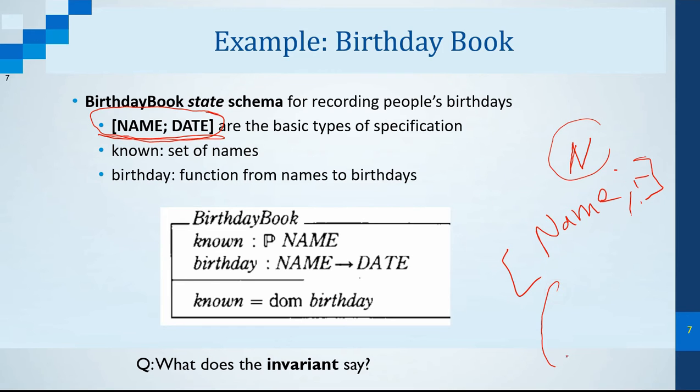If we represent this relation as a mapping diagram, we have, for example, name 1, name 2, name 3, related to birthday: day 1, day 2, and day 3. So this is the domain, and this is the range. Sorry guys, as I told you, the writing is not neat, but okay.